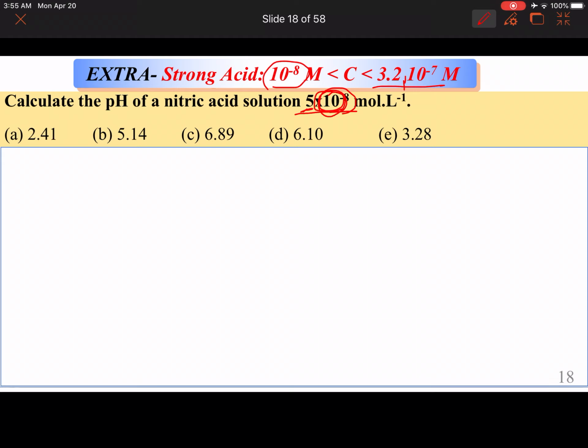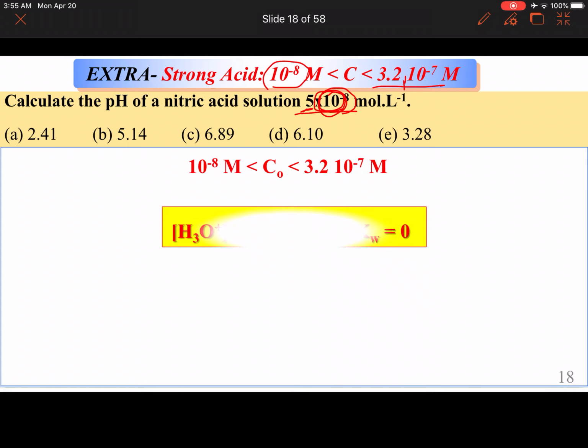And therefore, this area is right in that middle ground where I have to consider both the acid and the autoionization of water. Both give me H3O plus, and my pH has to be determined from both reactions.